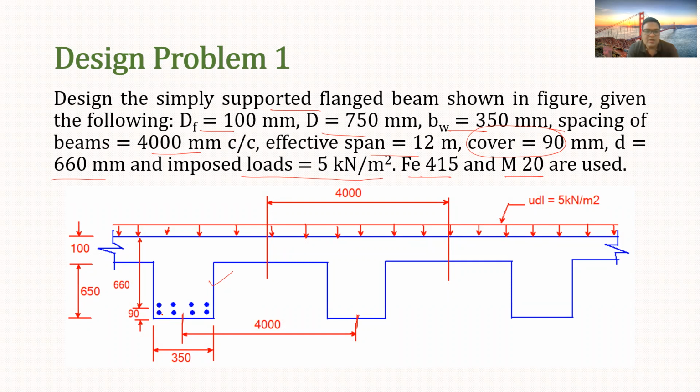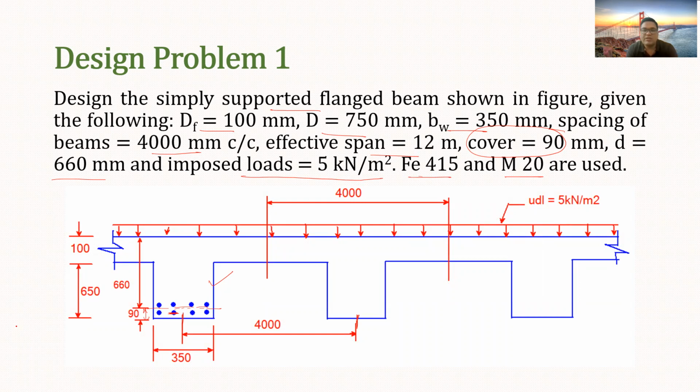So basically this bar group, the CG will be passing through this central line. Instead of measuring from the center, like we used to have in the earlier cases, this time we are going to measure effective cover from the CG of the bar group to the lowermost part. So this becomes the effective cover in this case when we have two layers or three layers.